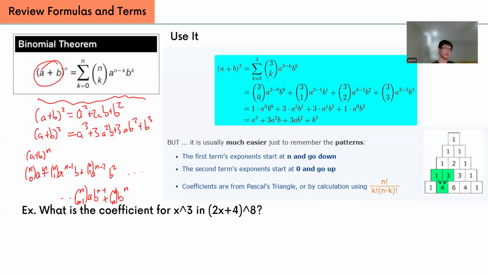This makes sense because n choose 0 is 1 and n choose n is also 1. You can reality check yourself: there is indeed an a to the n and a b to the n term with a coefficient of 1. So these must make at least a little bit of sense, right? Okay.